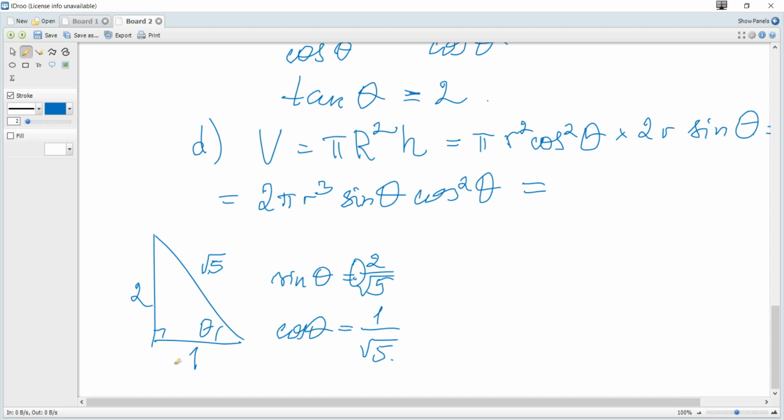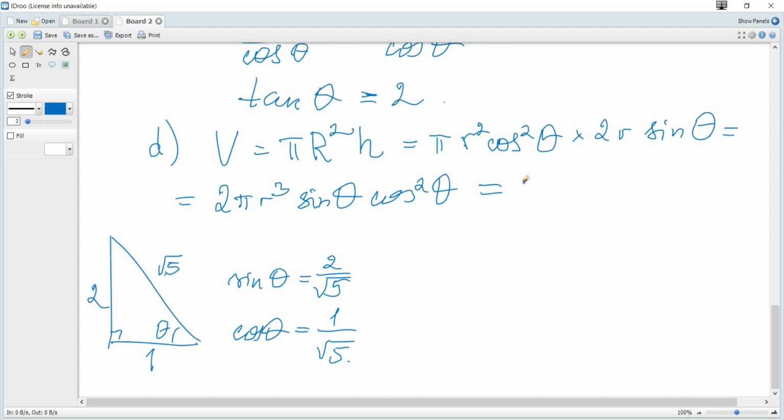But definitely our theta is between 0 and 90 degrees. It's an acute angle, so sine, cosine and tangent are positive. Hence we get 2 pi r cubed, sine is 2 over root 5, and cosine is 1 over root 5, squared.